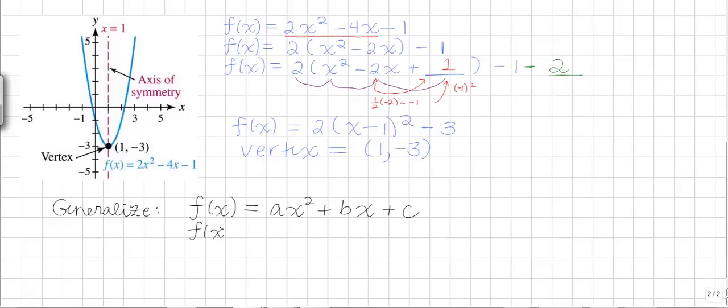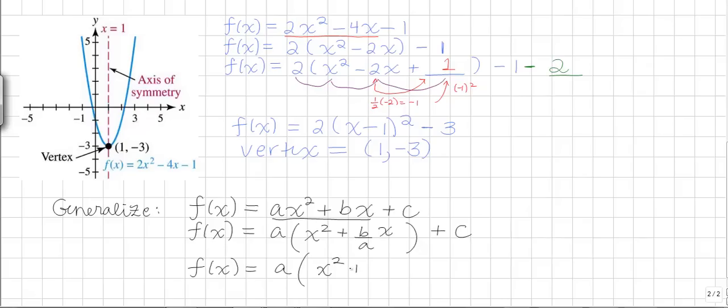If we were to take the same concept, which is group the x terms, factor out any leading coefficient, leave the constant by itself, figure out what we needed to do to complete the square, which is half of the number b over a quantity squared.